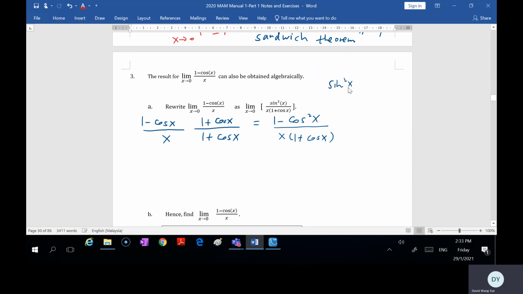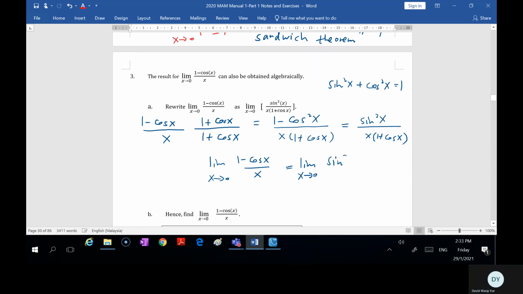Because sine squared x plus cosine squared x equals 1, this 1 minus cosine squared gives us sine squared. And that's why the limit of 1 minus cosine x over x equals the limit of sine squared x over x times 1 plus cosine x, because they're the same function.